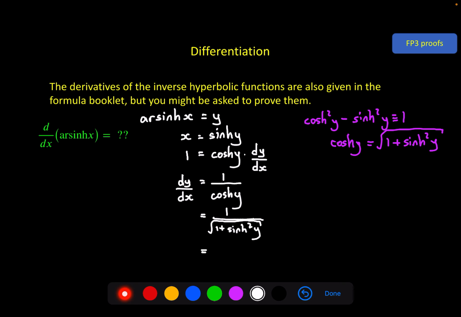And then I know that sinh y is equal to x as part of my working out at the top. So now this is 1 divided by the square root of 1 plus x squared. And this is the derivative of arsinh x.